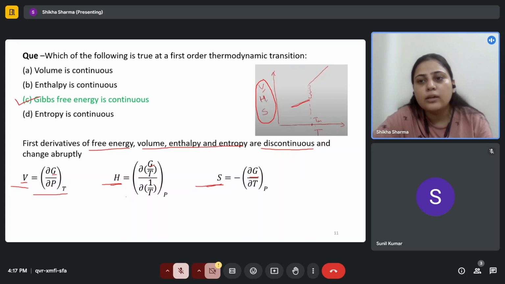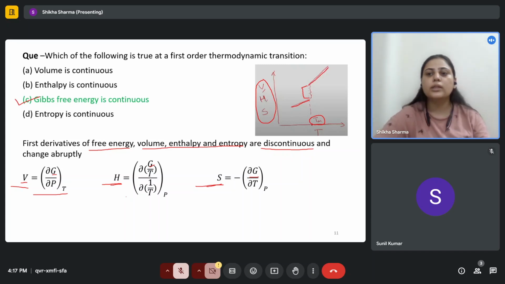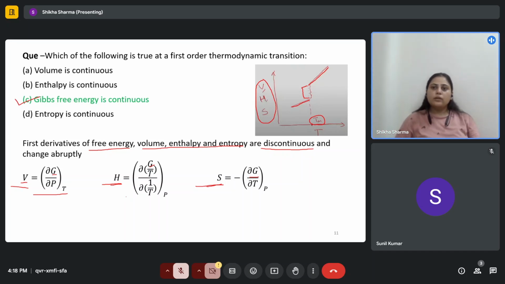But when it reaches Tm, the melting temperature, there is this discontinuity, and then above Tm, it again increases with a different rate, right?